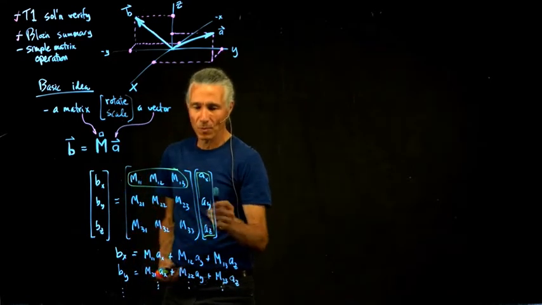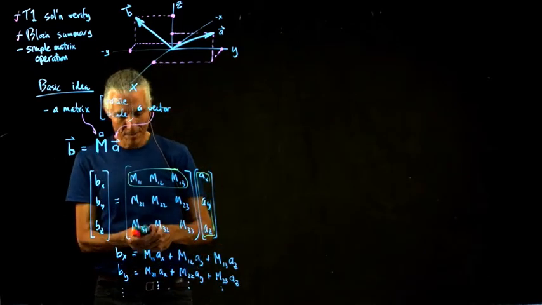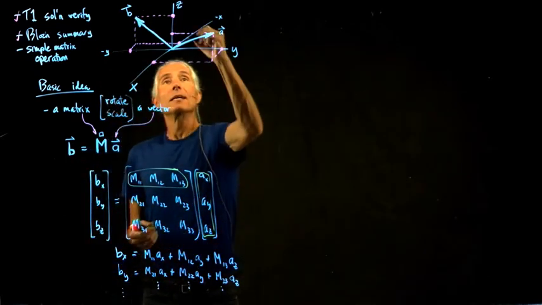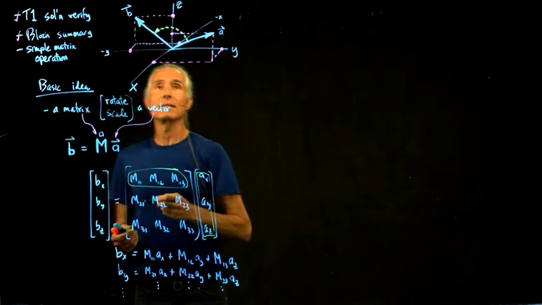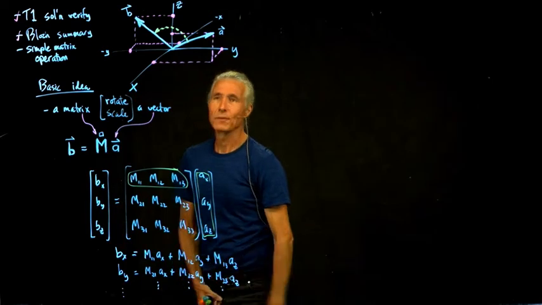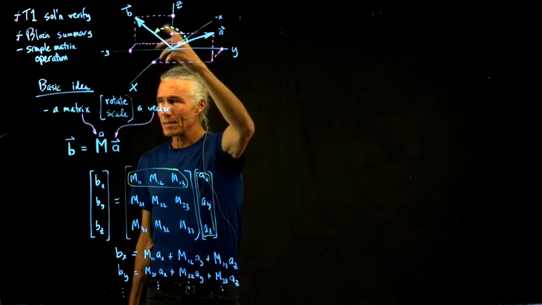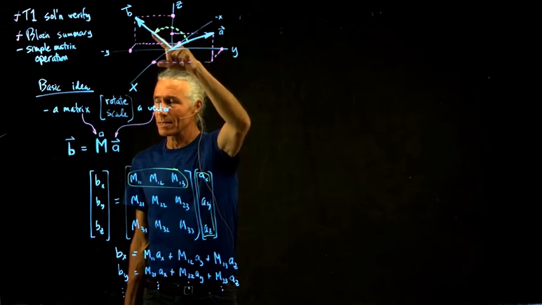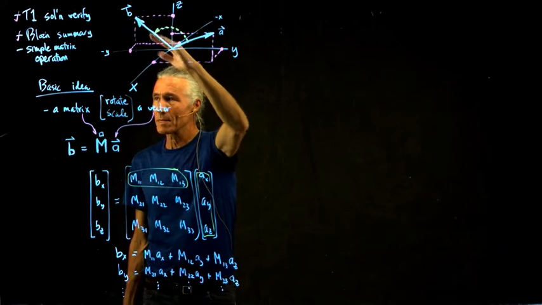Okay, so what does that do? That just looks like a mess. You just multiply all these things. But the end result is it moves this guy over to here. And in the process, it rotated some arbitrary direction to some other part of the space. It might have shrunk it or extended it also.